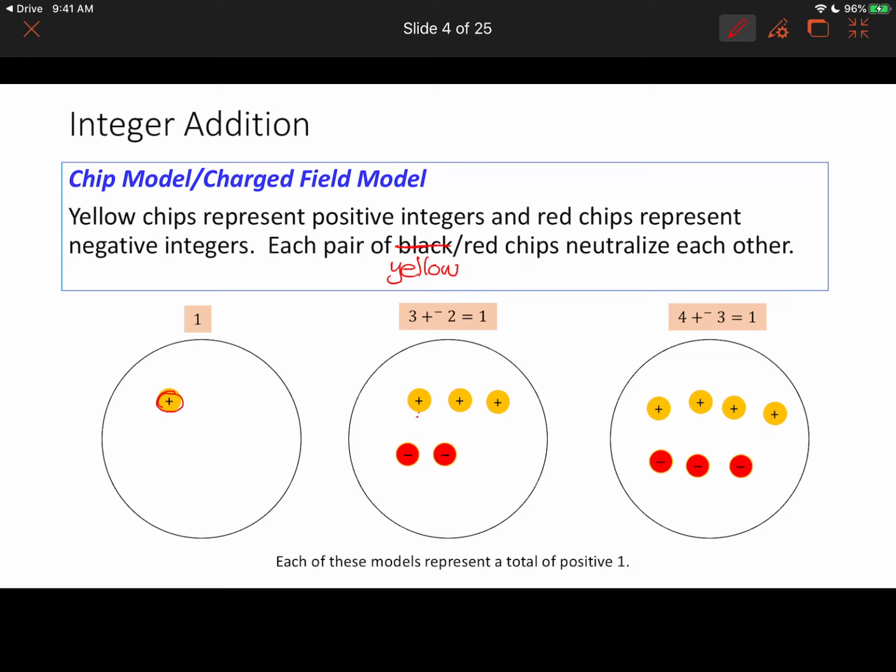I can pair together these 2 and these 2, and so they neutralize each other, and I have a net of 1. So this represents 1. This circle on the right also represents positive 1. Here I've got 4 positive charges and 3 negative charges. 3 pairs are going to neutralize, and I'm left with 1 positive charge.